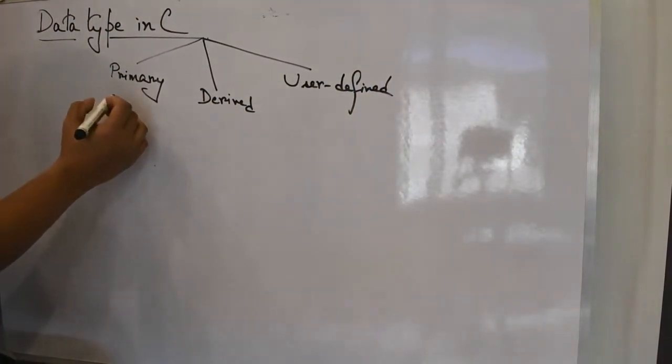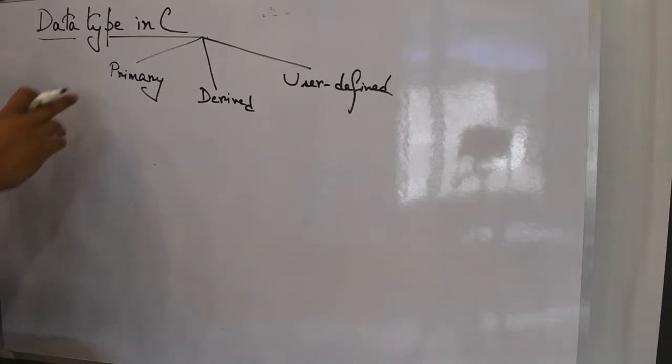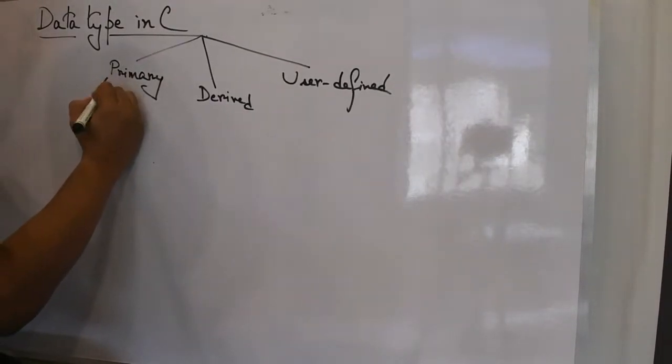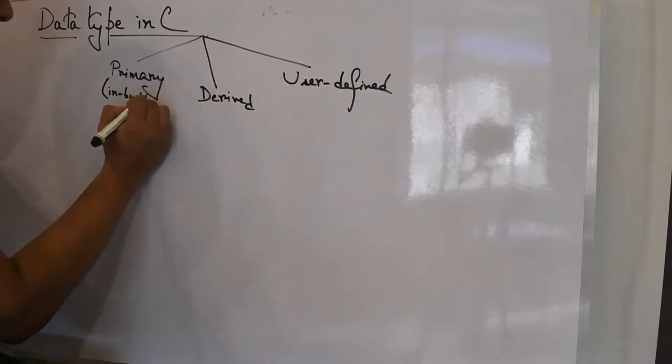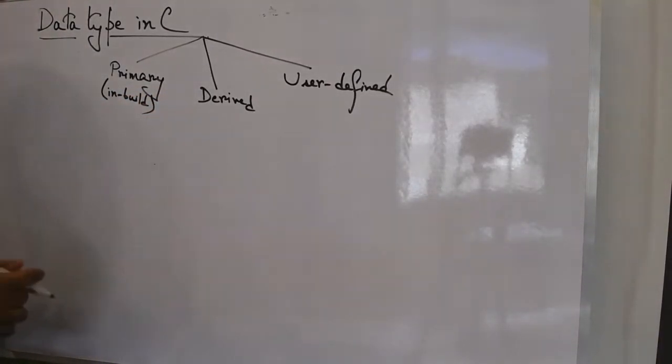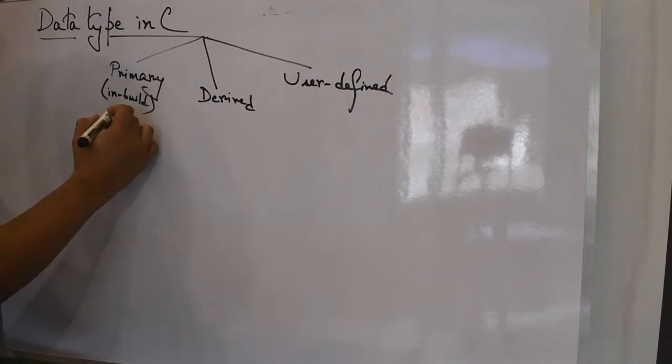What does primary data type mean? It is an inbuilt data type provided by the C language itself. And what are the primary data types?